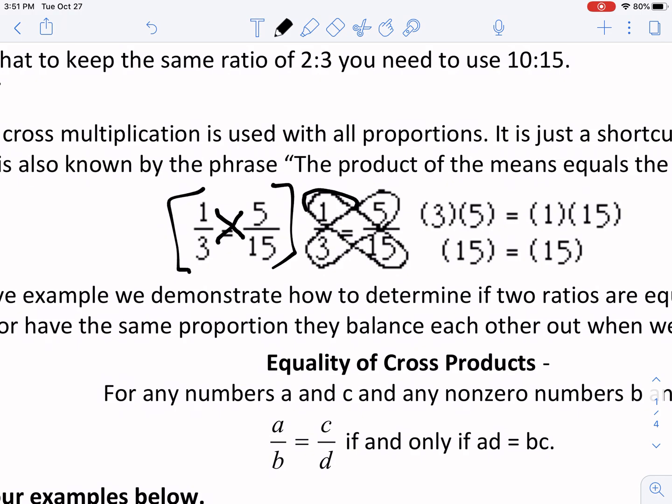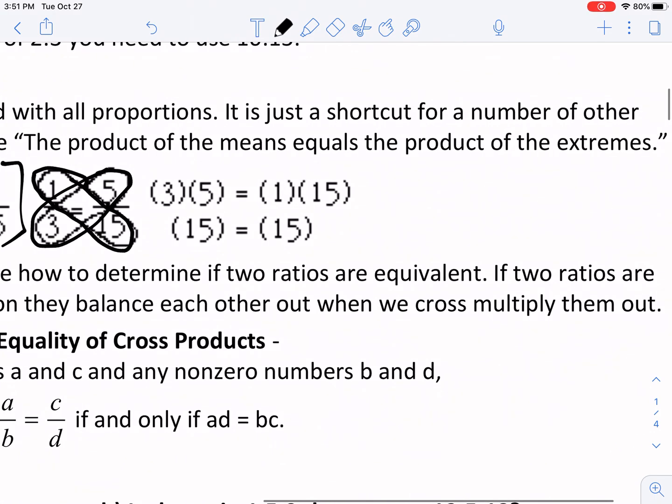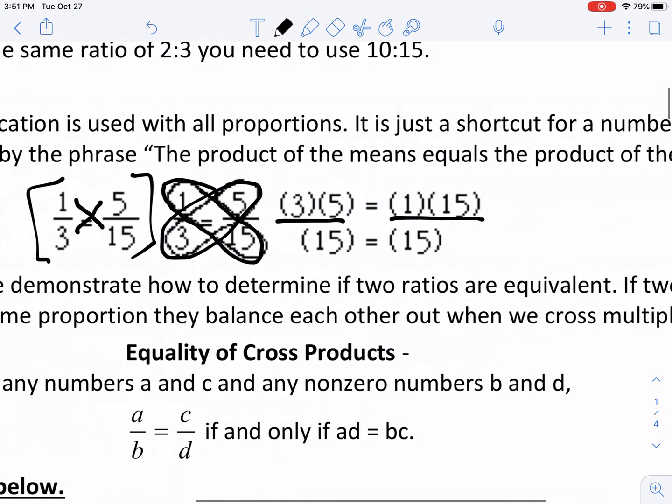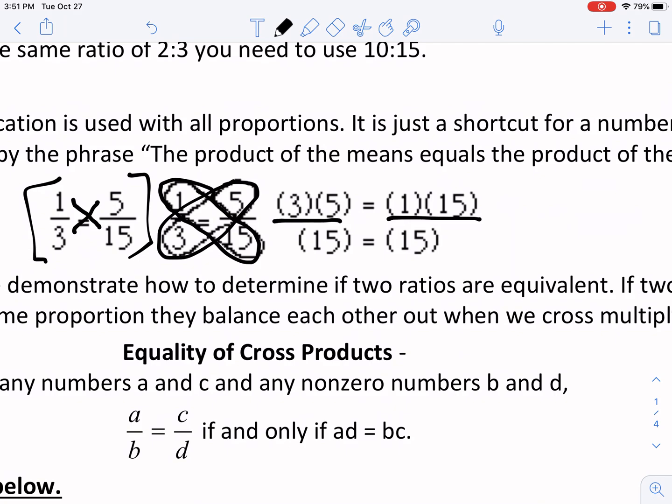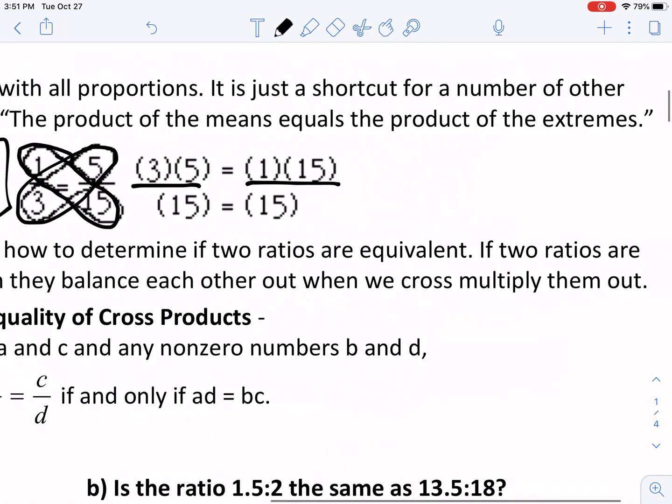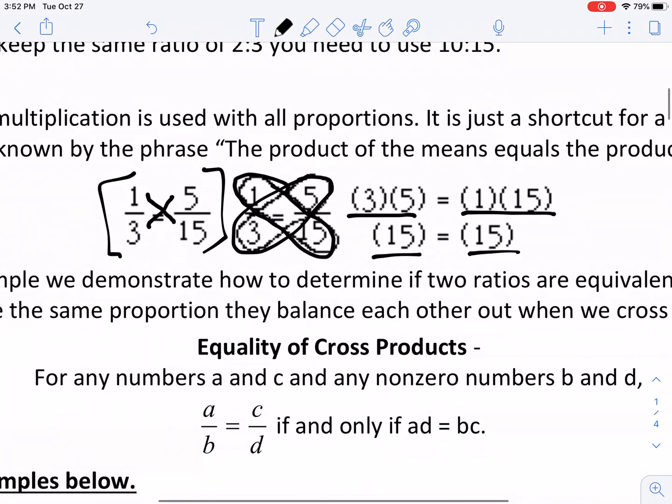If those ratios are equivalent, they should come out to be the same. What's 3 times 5? 15. What's 1 times 15? 15. So 1/3 and 5/15 are equivalent fractions or equivalent ratios. That's where the cross-multiplying comes in.